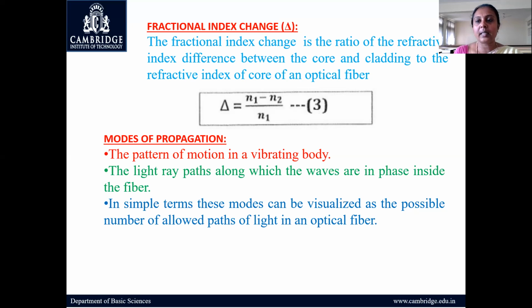So this is a second path. Like this, we can find the number of paths to go to a bedroom in your home. You can imagine such examples even in the optical fiber, the number of rays or paths propagating in the optical fiber.